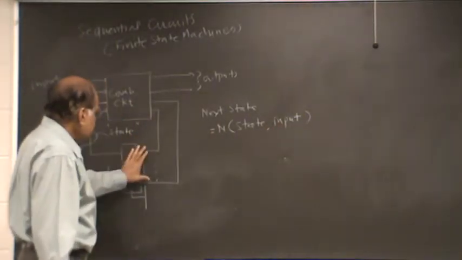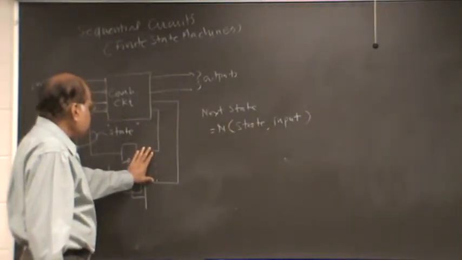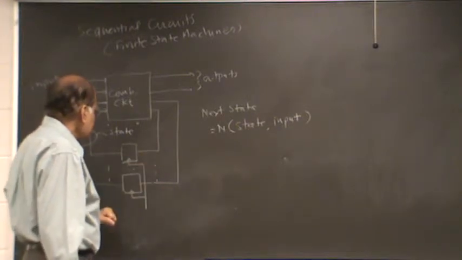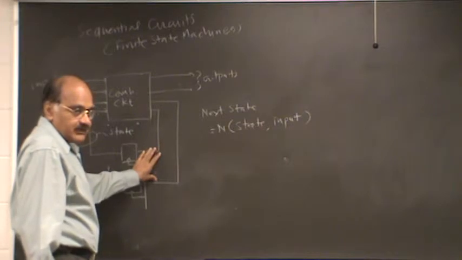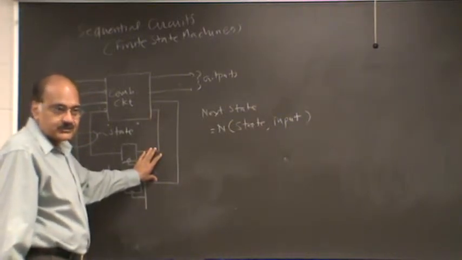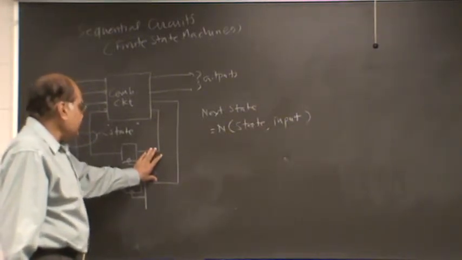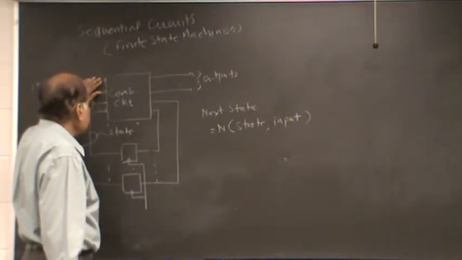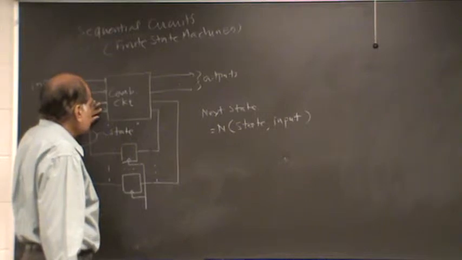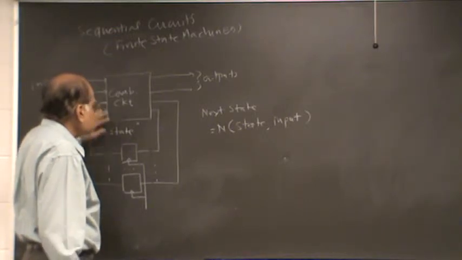So remember, these lines basically give you the next state. In case there's a flip-flop, whatever you have here is going to be the next state. And the next state obviously depends on the input values and the values corresponding to the present state.